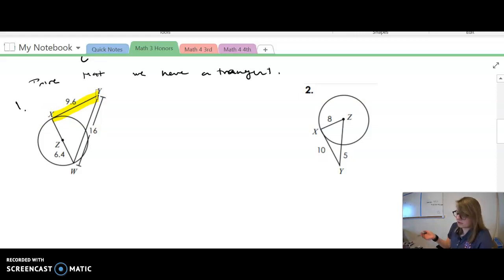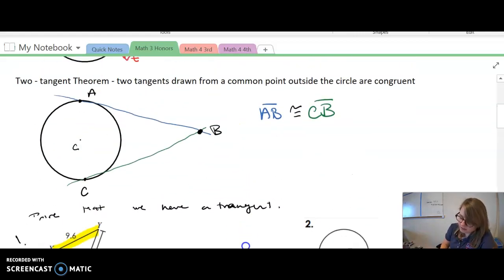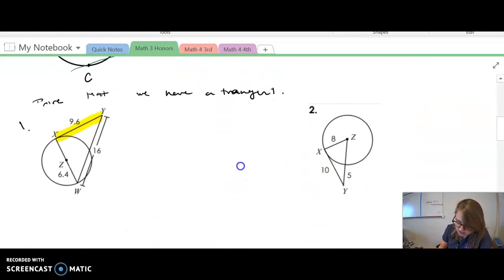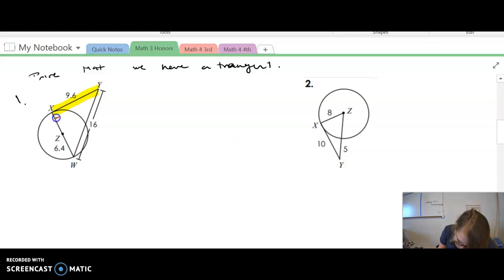So how would we do this? Well, remember what I said earlier about tangents? If we have the radius and the point of tangency, that tangent line is going to be perpendicular to the radius. So we should know that this right here is a 90-degree angle. So we can use the Pythagorean theorem to prove that this works.